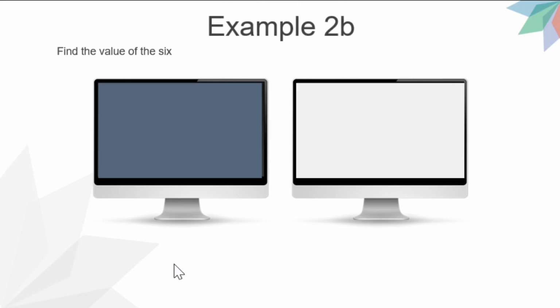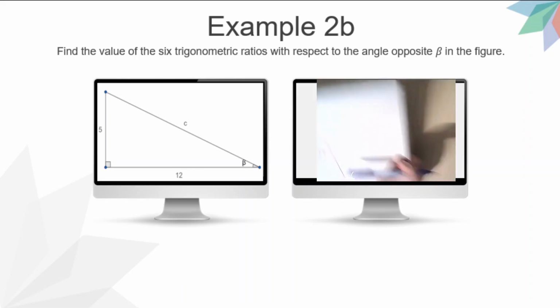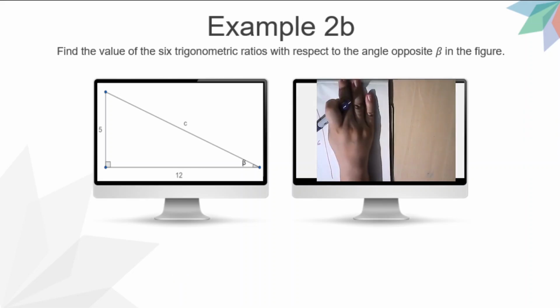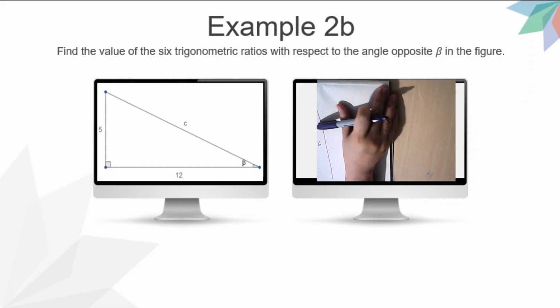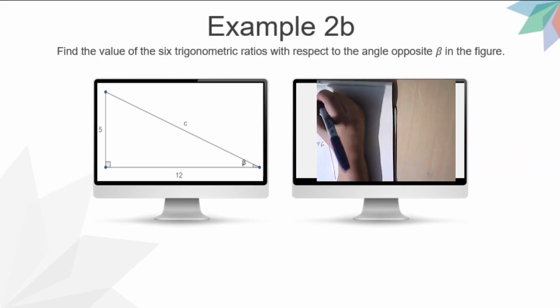Example 2b says, find the value of 6 trigonometric ratios with respect to the angle opposite beta in the figure. So, this is the same figure that we had in example 2a, but here, we are going to get the ratios with respect to the angle opposite beta. So, if we will be referring to the angle opposite beta, we are going to have different values from what we had from the first problem.